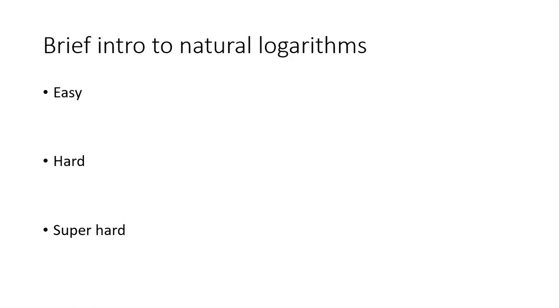I'm just going to do the briefest introduction to natural logarithms just so we can think about it, divorcing it from chemistry. Let's think about it in purely mathematical terms so that when I actually put chemistry terms to it, it's less tricky. Easy. What is the natural logarithm of 3?